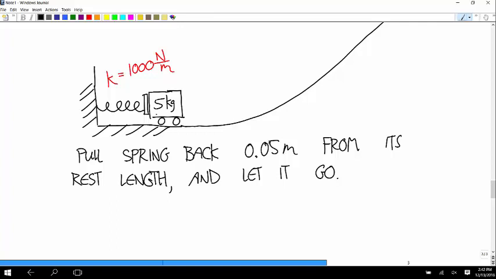How high will that mass get up the hill before it stops and starts coming back down? So how high will the cart make it up the hill?